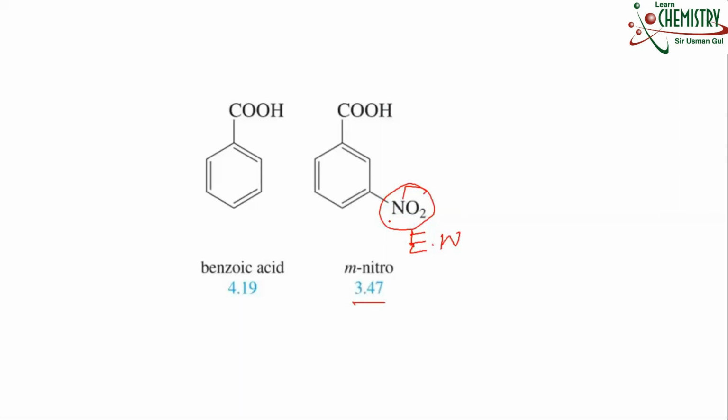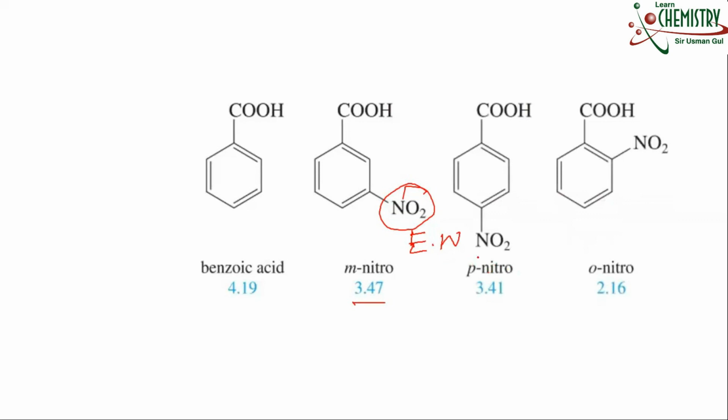This nitro group can be on the para position or the meta position. When I put this nitro group on the para position, the value decreases more. But on the ortho position, we have the lowest value of pKa. It means this one is the strongest acid. The reason is very simple, because the electron withdrawing group is very near to the main carboxylic acid group.